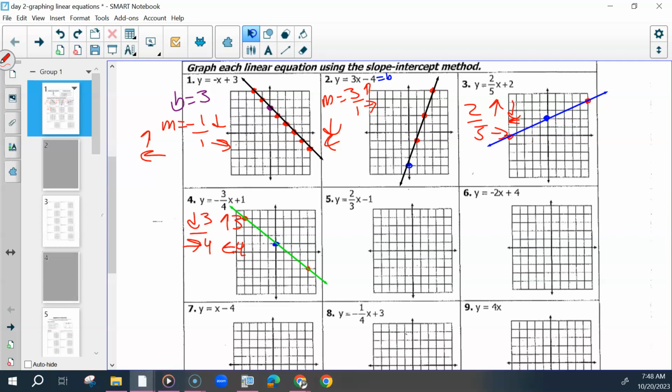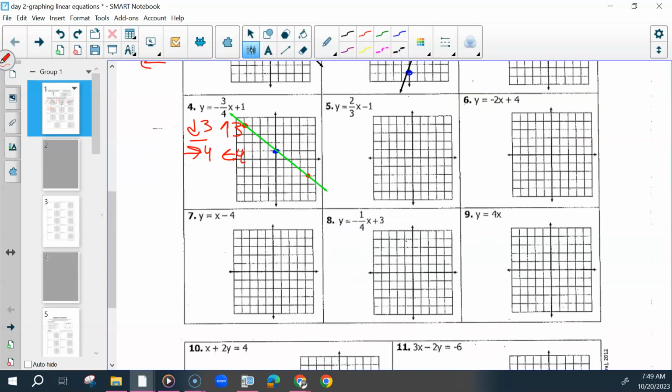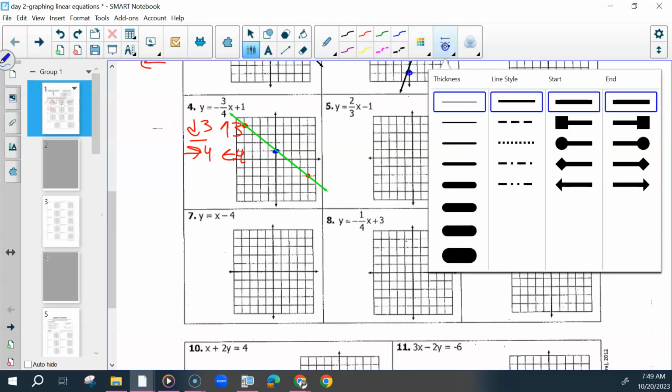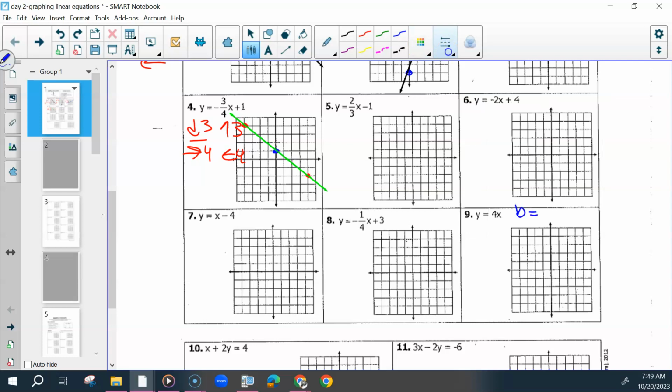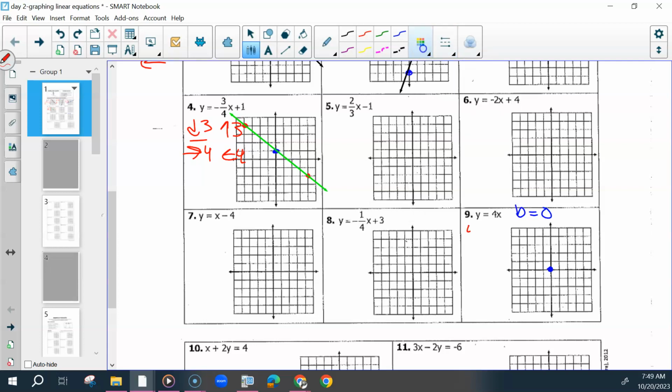Which ones do we want to see, go over, have questions about? Number 9. Okay. With number 9, what's your y-intercept? 0. There's nothing there, but you have to know that it's 0. You put a point at the origin, 0, 0, and then your slope is positive, so just like before, 4 over 1, you can go up and to the right, down and to the left.